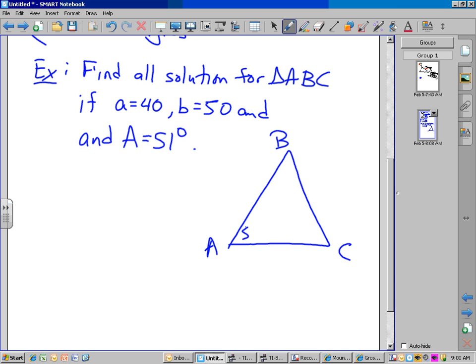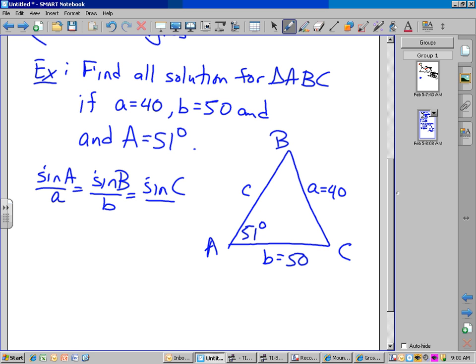So we have 51 degrees, side a is 40, side b is 50, and we have no idea what side c or angle C is. Now we are going to apply the law of sines. So we still have sine A over a equals sine B over b equals sine C over c. So we have the sine of 51 degrees over 40. That's good. The sine of B over 50, and the sine of C over c.